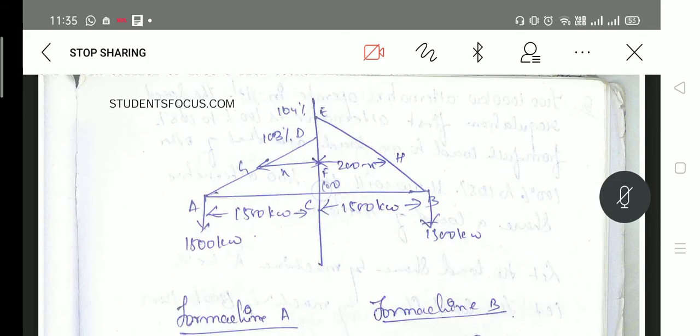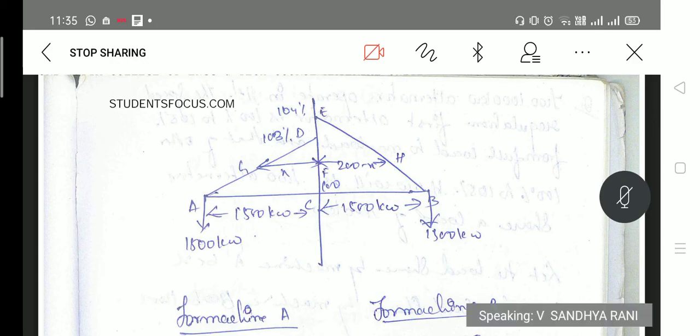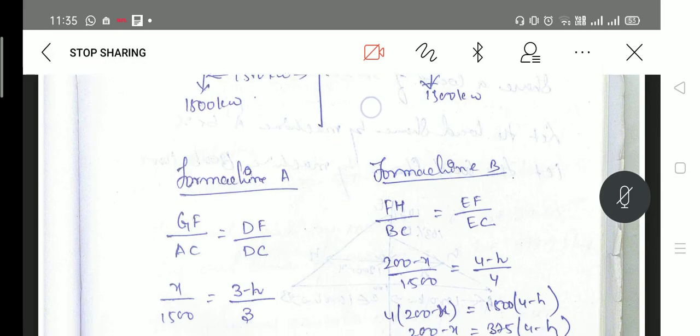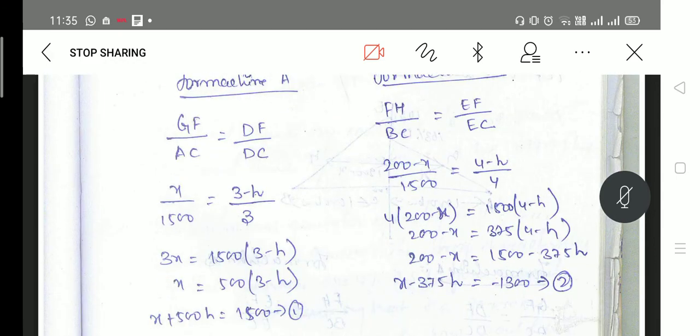So 100 to 103, so 3%. Here D to F is h. So DF is 3 minus h here. So from this, X by 1500 is equal to 3 minus h by 3.